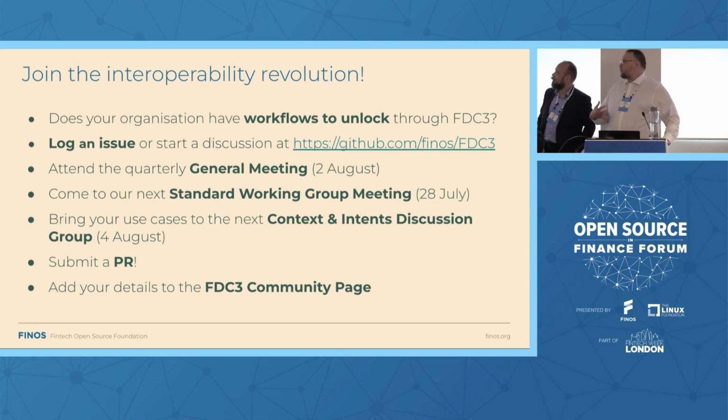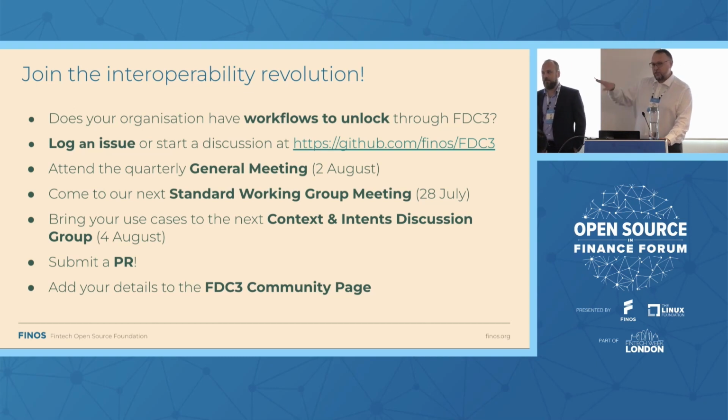There are lots of different ways to get involved. The first and most important way is to use FDC3. What workflows do you have at your organization that FDC3 can help you deliver, right? You can go to GitHub, everything we do is in the open, our meeting minutes are in the open, we've got no secrets, we're all about collaboration, everybody in the industry working together.